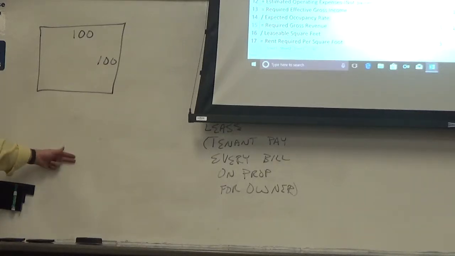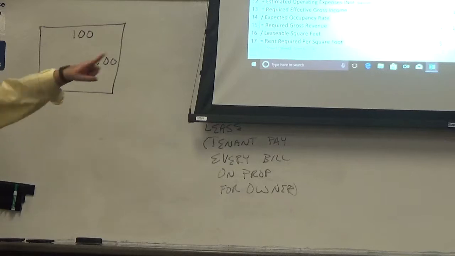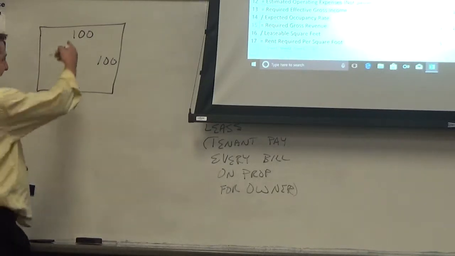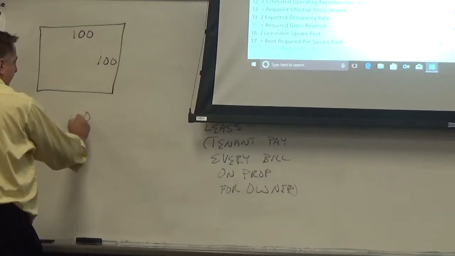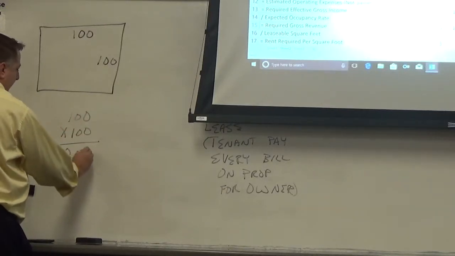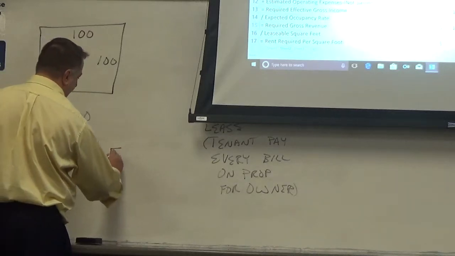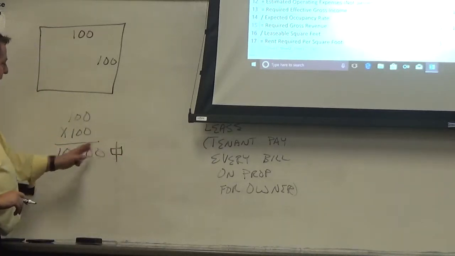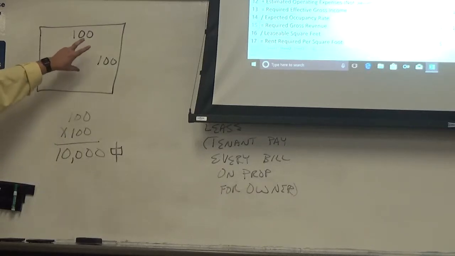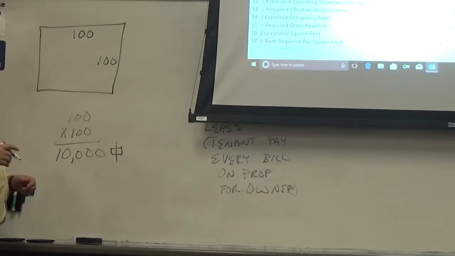It's like measuring from here to there, and there to there. So 100 feet in both directions. Now, 100 times 100 is 10,000 square feet for the building. And I would consider that to be leasable square feet. Does everybody understand?